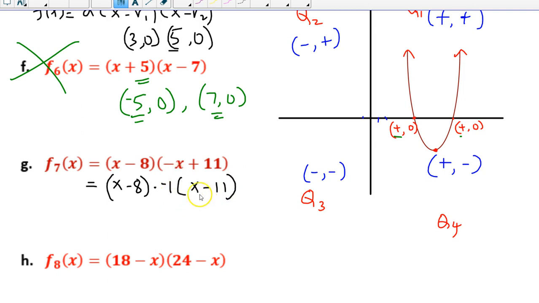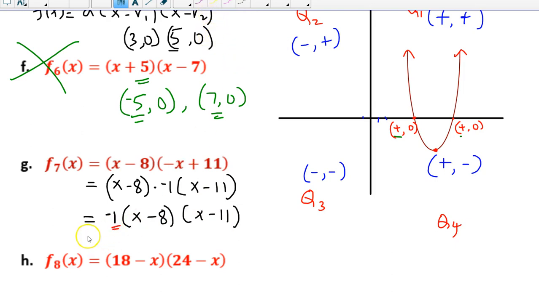Okay? Negative x, positive 11. And this negative 1, the constant factor, I can even write at the beginning. So negative 1 times x minus 8 times x minus 11. This is just like your factored form, a times x minus r1 times x minus r2, the factored form of a quadratic function.